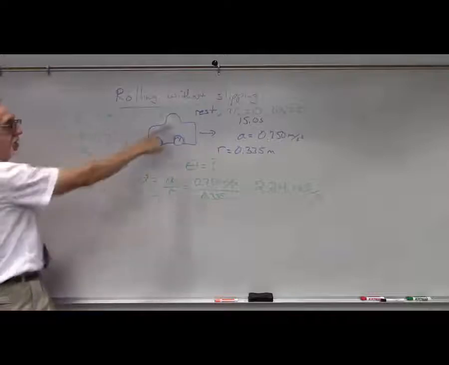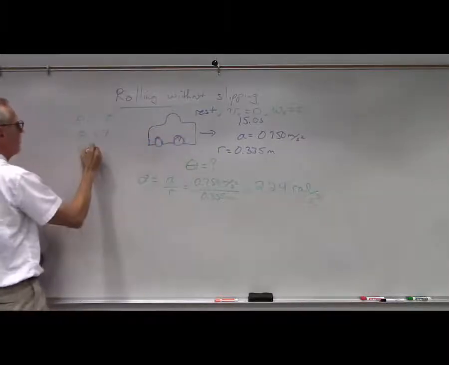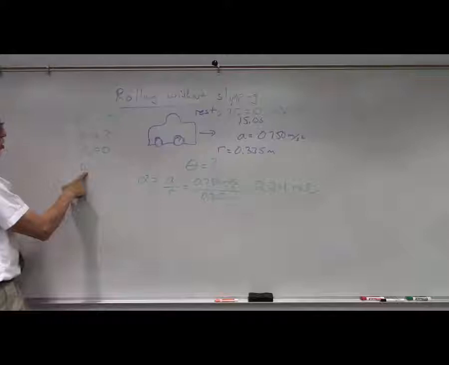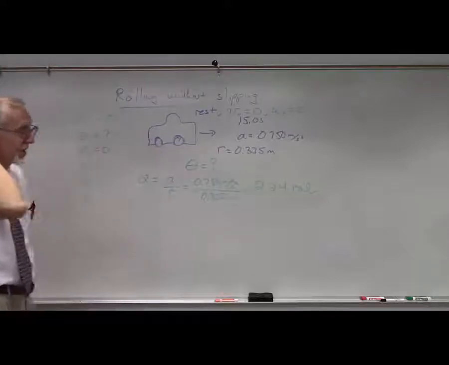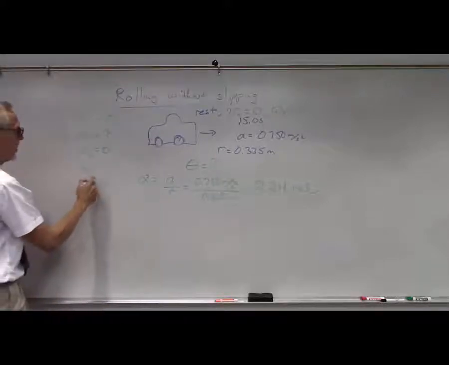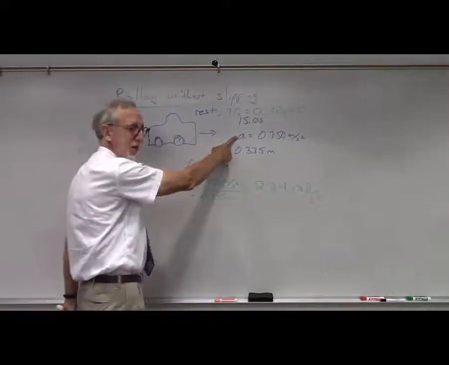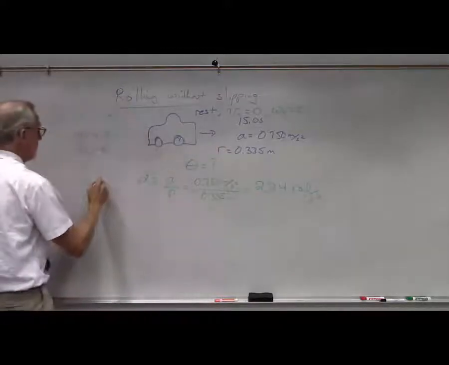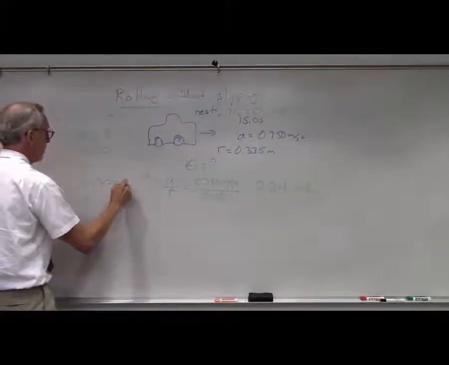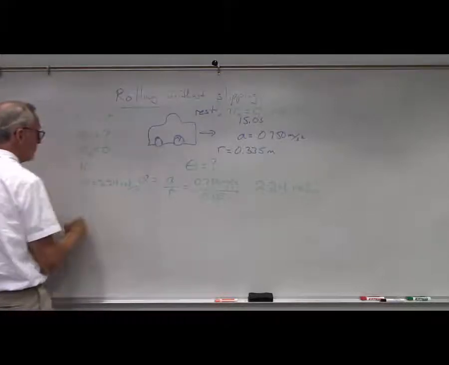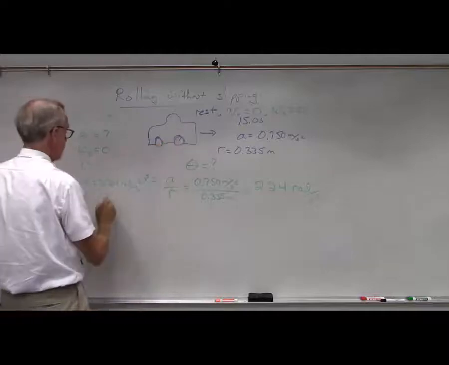Omega naught, well, we know we're starting from rest, so omega naught is equal to 0. Omega, well, we haven't calculated that, so we don't know that at the moment. Alpha, well, we did figure that out. We got alpha from the linear acceleration, so we know alpha is 2.24 radians per second squared. T, well, we know that this takes 15 seconds.